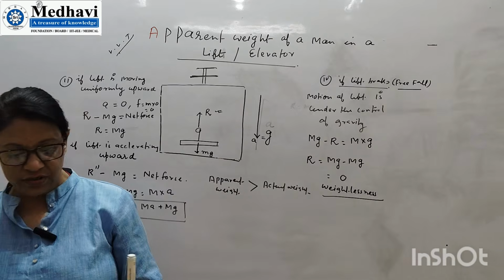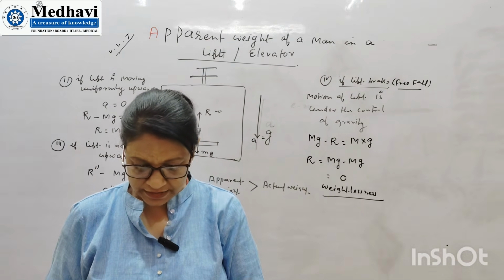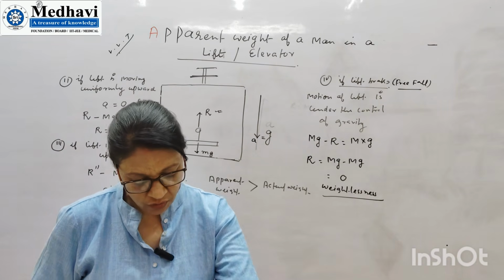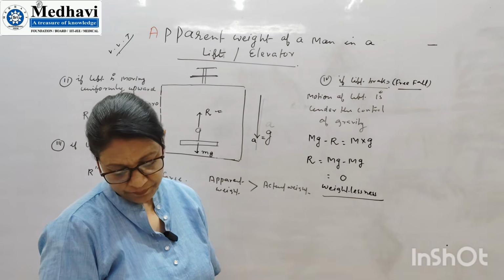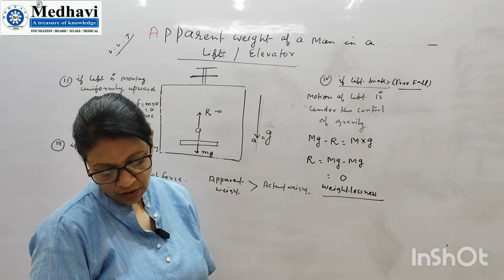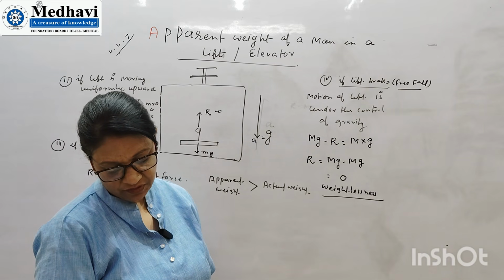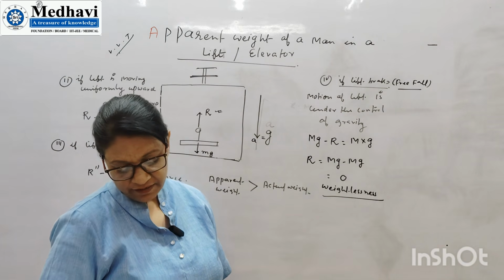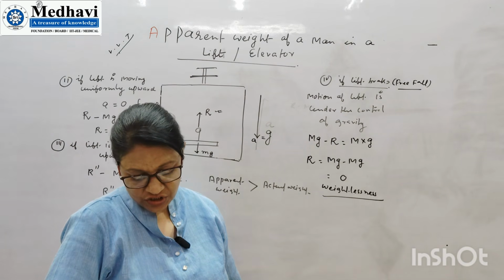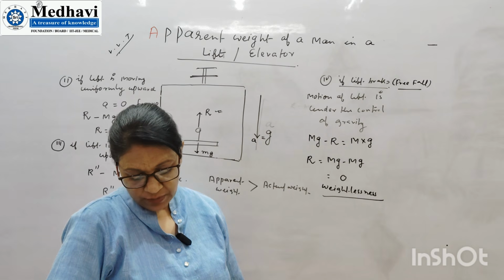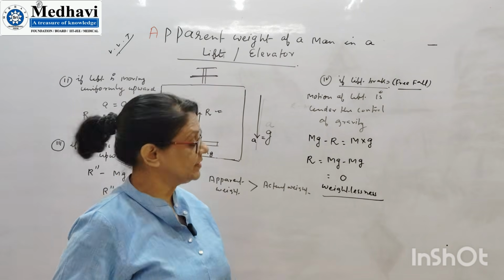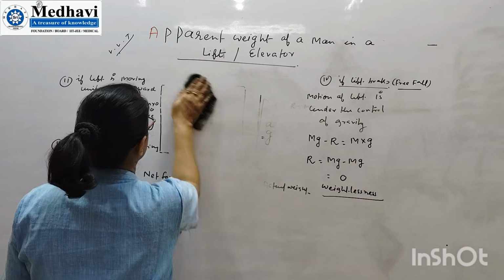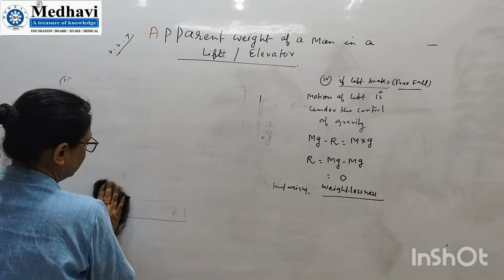One question I want to discuss here: a man standing in a lift holds a spring balance with a load of 5 kg suspended from it. What would be the reading of the balance when the lift is descending with an acceleration of 3.8 meter per second square? A very, very important question.